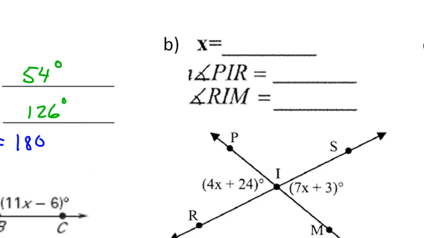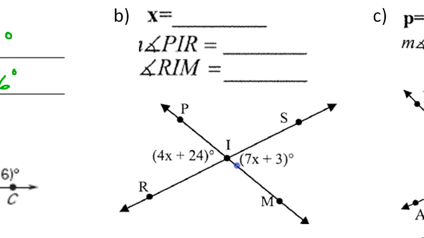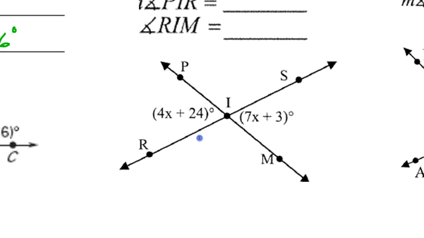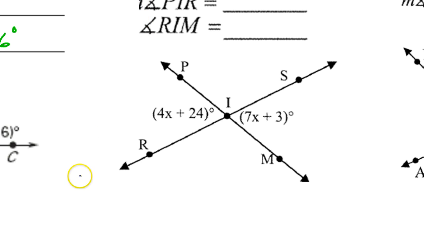Alright, let's look at part B over here. These are called vertical angles, and vertical angles are always equal. So I can just set these equal to each other and solve. I like to put the bigger one first.